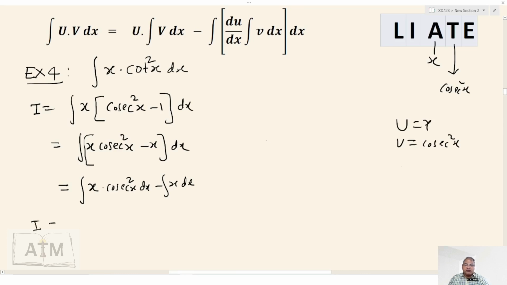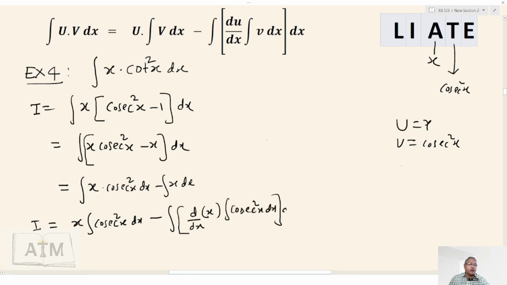Therefore I equals, the first part we have to fit into the product rule formula, that is u, that is x, integration of cosec square x with respect to x minus integration of box. What is inside the box? Derivative of x with respect to x, integration of cosec square x with respect to x, box is closed, and after that the integration of the other part, that is x, is nothing but x square by 2, and so plus c will be coming here.